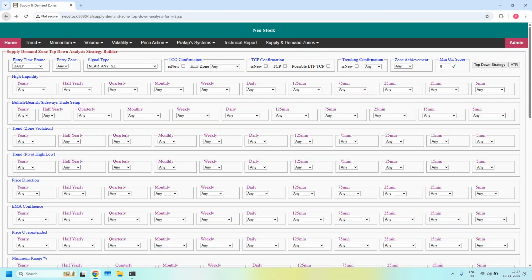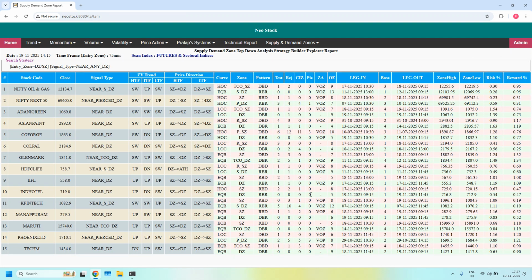Okay, next time frame is the 75 minutes. Stocks near to the 75 minutes demand zone. We got 15 stocks. Let us identify 75 minutes high liquidity demand zones. NIFTY oil and gas is not listed in F&O. I am ignoring this zone.